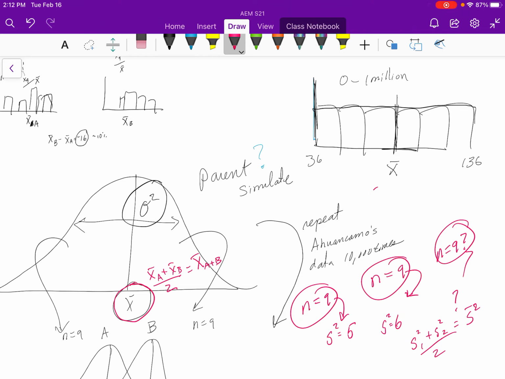And it turns out that you also did this in your n-1 practice simulation, where we simulated the parent distribution variance from samples, and we found out that the variance of a sample was an unbiased estimator of the parent distribution variance. So on average, it will yield the correct variance.